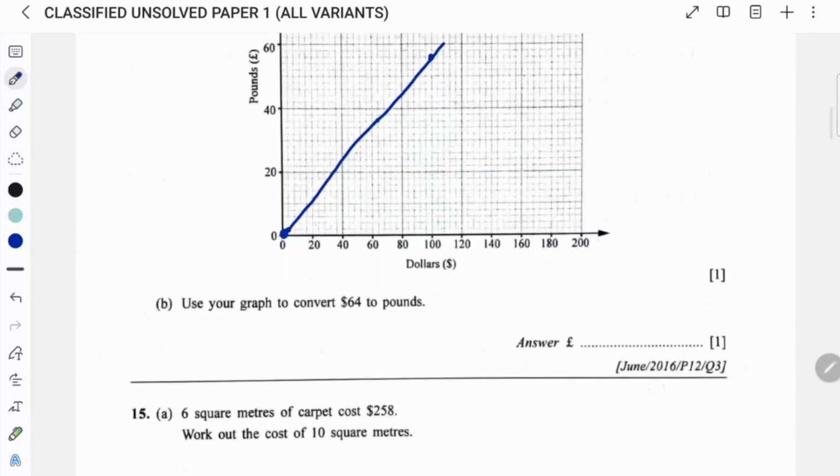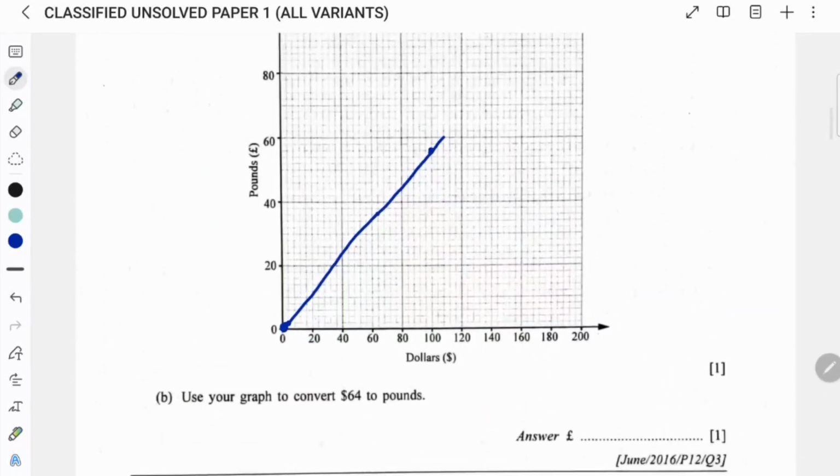Use your graph to find $64. 60 and 4, that is 6, these are 20. 64 is this much. Just join it across to 36. Okay. You know how to read the graph. This thing you must know.